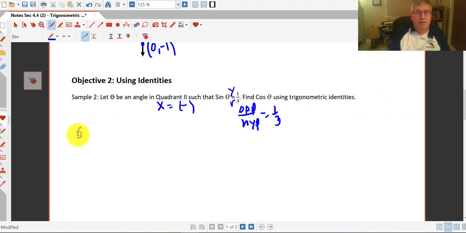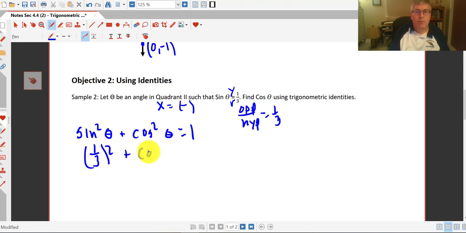Well, I've got cosine and sine here, so I'm going to try and tackle this with the Pythagorean identity. Sine squared theta plus cosine squared theta equals 1. And I've got the sine is 1/3. So 1/3 squared plus cosine squared theta equals 1. 1/3 squared is 1/9. I'm going to subtract that 1/9 from both sides.